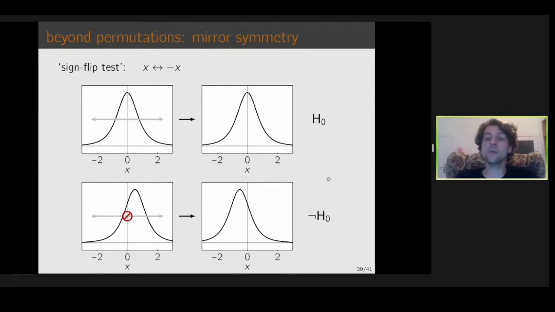And this is exactly what we're trying to exploit in permutation tests. We want to see how extremely exchangeability is violated in the original dataset compared with all possible permutations of the original dataset.